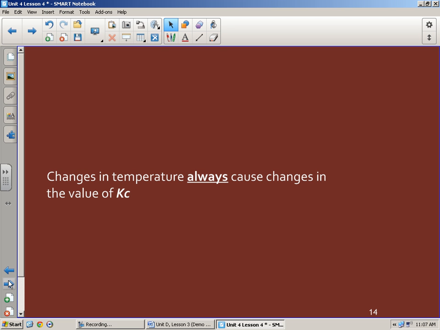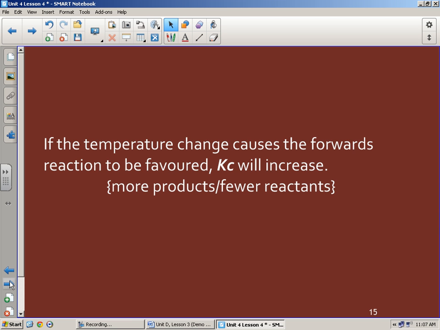Changes in temperature always cause changes in the value of Kc. We talked about this yesterday: the products are on the top, the reactants are on the bottom. If I'm forcing the reaction to favor the products to the right, I'm making more products and using up the reactants, so the Kc number is going to go up.